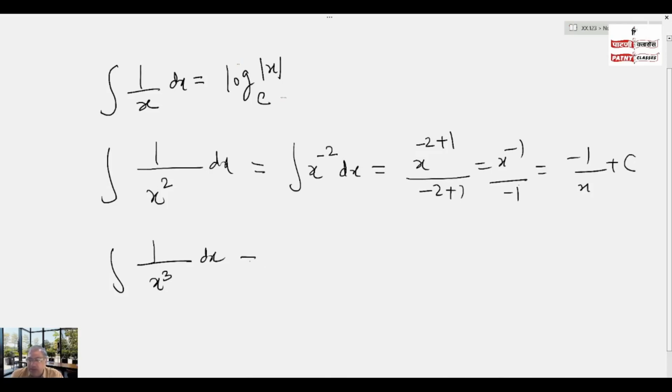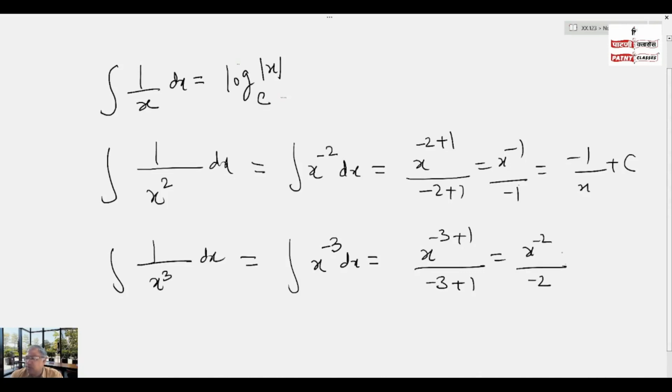Similarly, when it is x cube, we can write x raised to minus 3 with respect to x, and equals x raised to minus 3 plus 1, formula from type 1, equals x raised to minus 2 upon minus 2, equals minus 1 upon 2x square plus c.